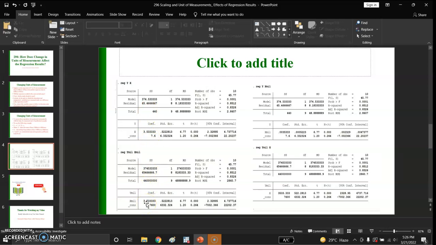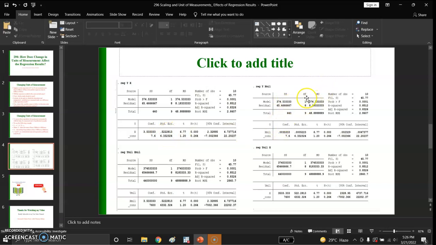So in this case the slope coefficient remained the same, but the standard error, here it was 7.6, but in this case when both variables are measured in millions, it is 1000 times higher than this. And similarly, the standard error of the constant also is 1000 times higher than this value. But the t value of the regression coefficient remains the same.